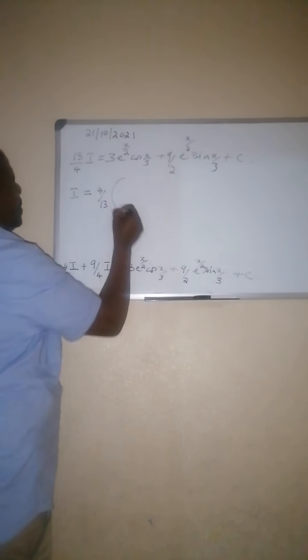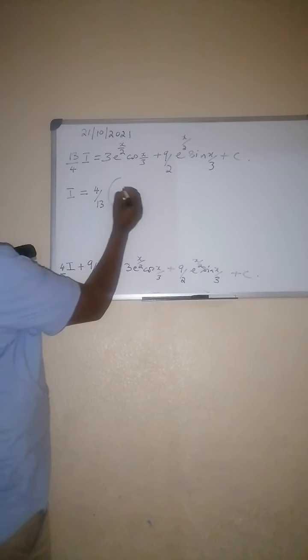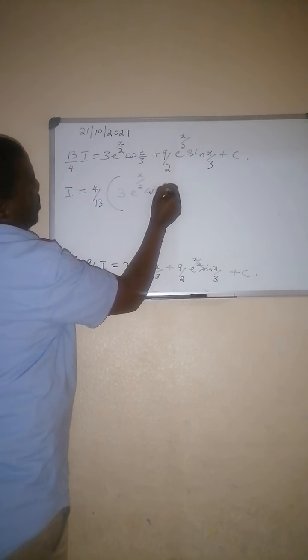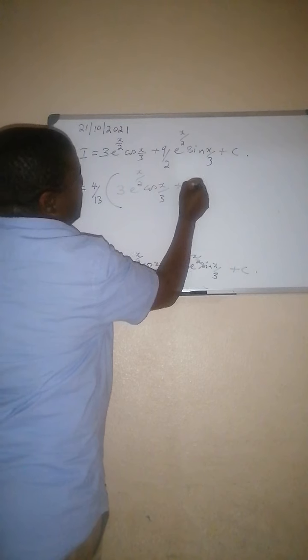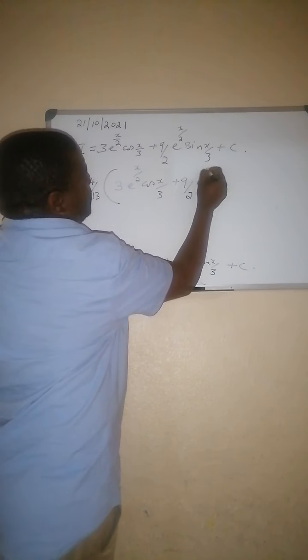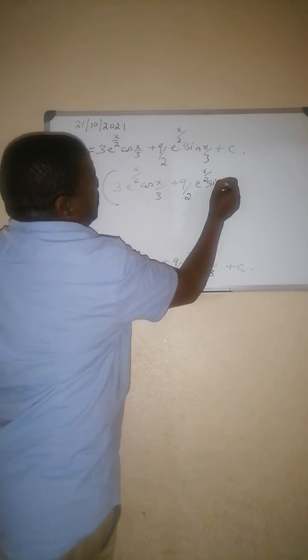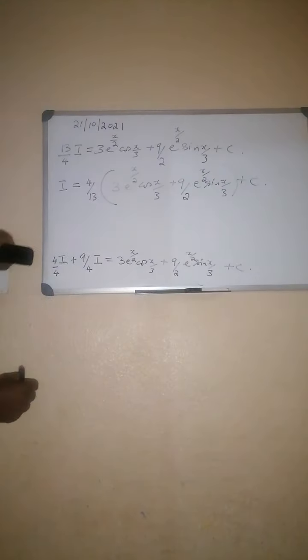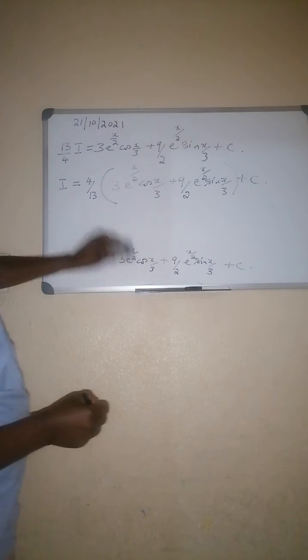Then I can say this can be taken out. Then I have 3 e to the x over 2, the cos of that, plus 9 over 2 e to the x over 2, the sine of that, plus c. Then I can take this off.